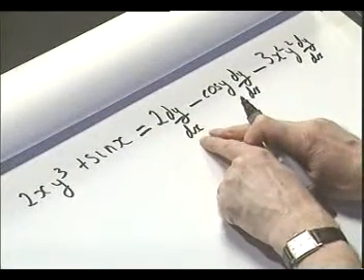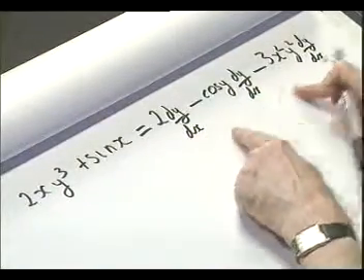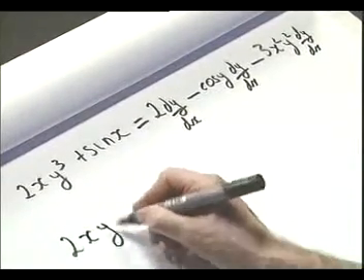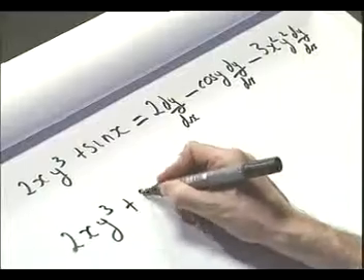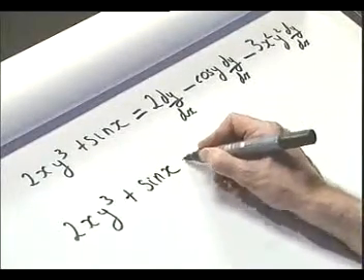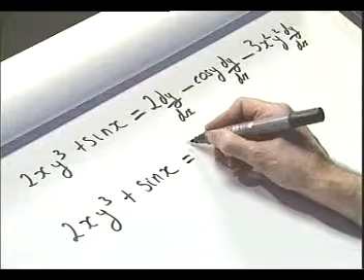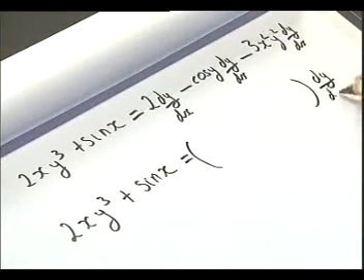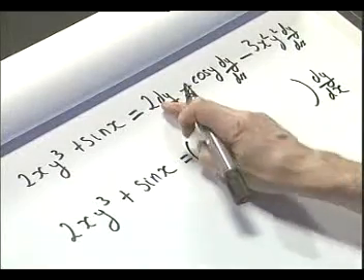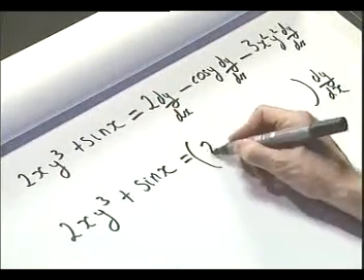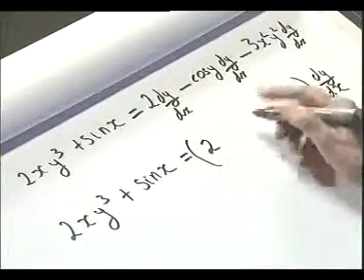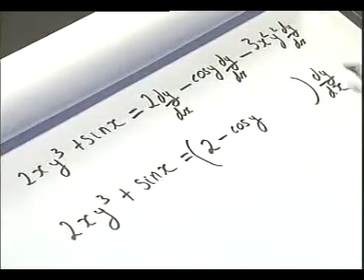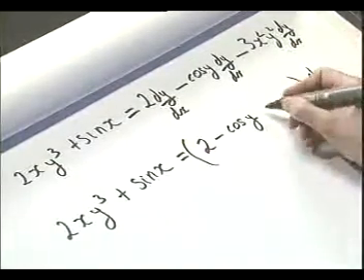Again, we see we've got a set of terms here, each with dy by dx as a common factor. 2xy cubed plus sine x is equal to, let's take out this common factor of dy by dx. Well, it's multiplying 2, so we've got a 2 there. It's multiplying minus cos y, so we've got a minus cos y there, and it's multiplying minus 3x squared y squared.